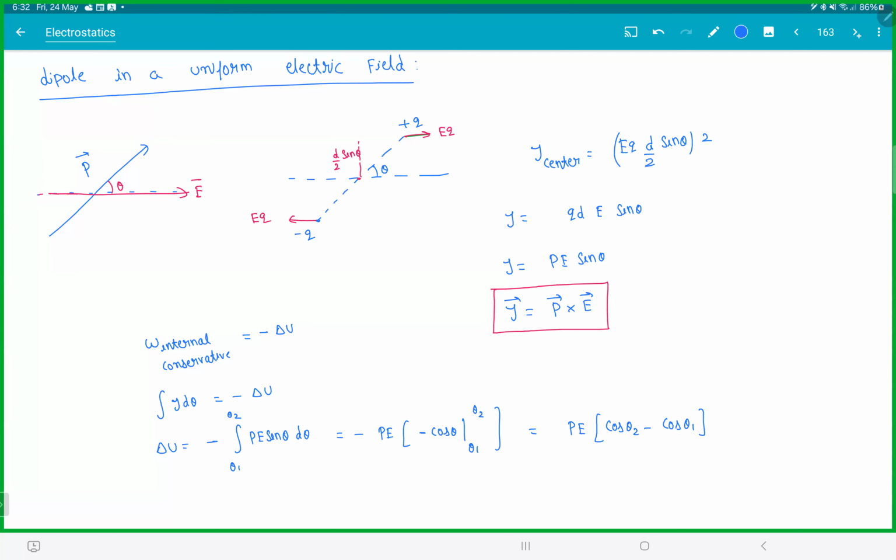The integration of sine is cos, but it is actually work done by external force.